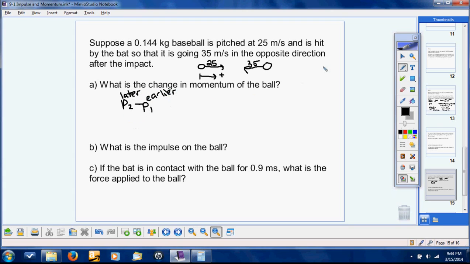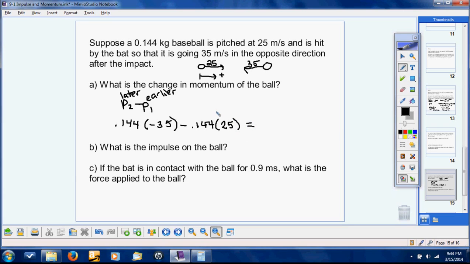Okay, so later it's going 35 meters per second, and the mass is 0.144, but it's going in the negative direction. So the mass being 0.144, it's times negative 35. And then minus the earlier one, 0.144 again, because it's the same ball, but this time it's times positive 25 meters per second.